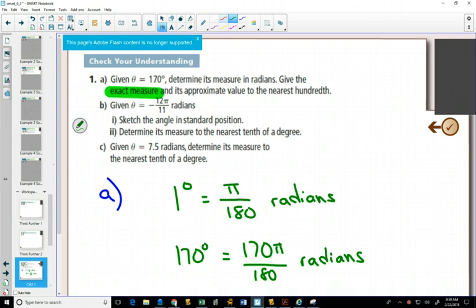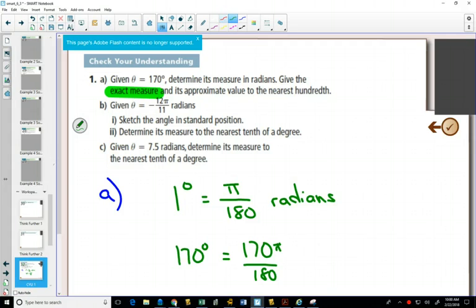Some important notation things. Whenever you're writing an angle with degrees, you need to have the degree symbol. That indicates that the angle's in degrees. Whenever you write an angle in radians, there is no symbol. There is no units that are written. I've written radians so far just to get used to it, but this is all you would need to write, 170 pi over 180, and whenever you're talking about an angle and no units are given, it is assumed to be in radians.